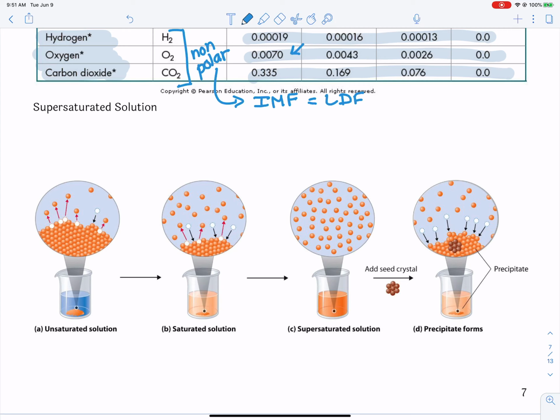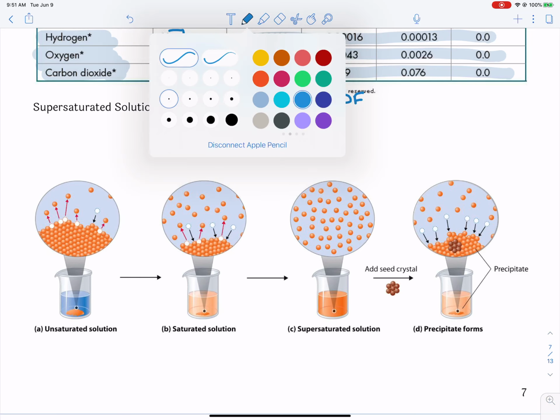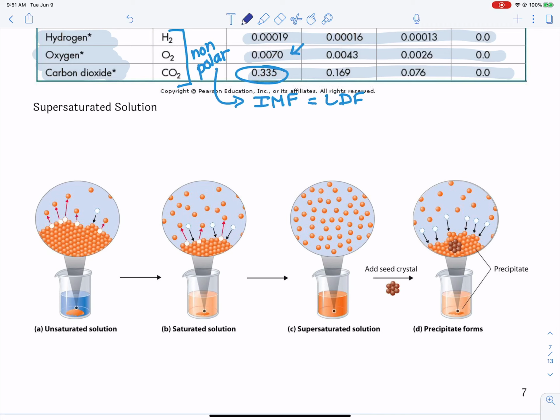And carbon dioxide, one of our most important greenhouse gases, actually does dissolve in water quite a bit. Look at how big that is compared with the other two. Because of that, a lot of the carbon dioxide that we have put in the atmosphere since the beginning of the Industrial Revolution has been absorbed by the ocean.